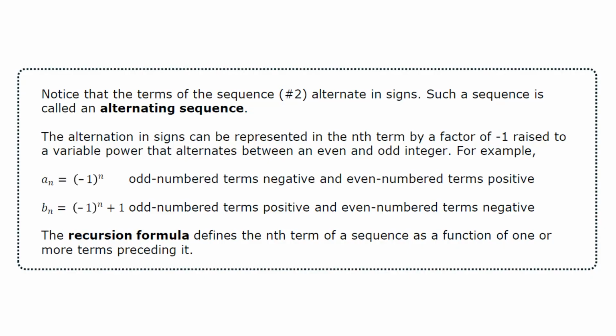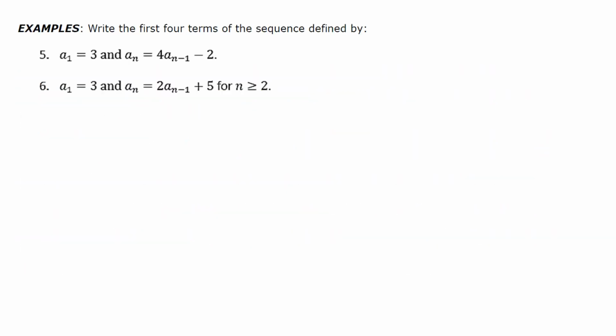So the recursion formula defines the nth term of a sequence as a function of one or more terms preceding it. So let's look at two examples here, and we're asked to write the first four terms of the sequence defined by each formula. Now, the difference between these examples and the previous ones is that in these examples, we are given a value for the first term in our sequence.